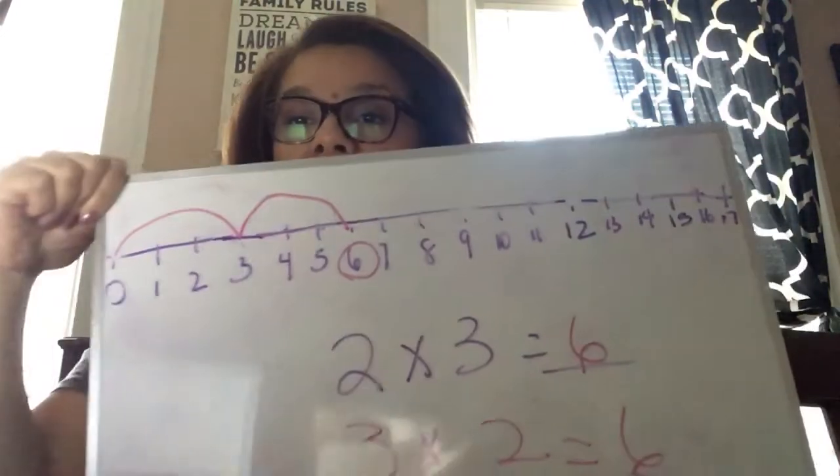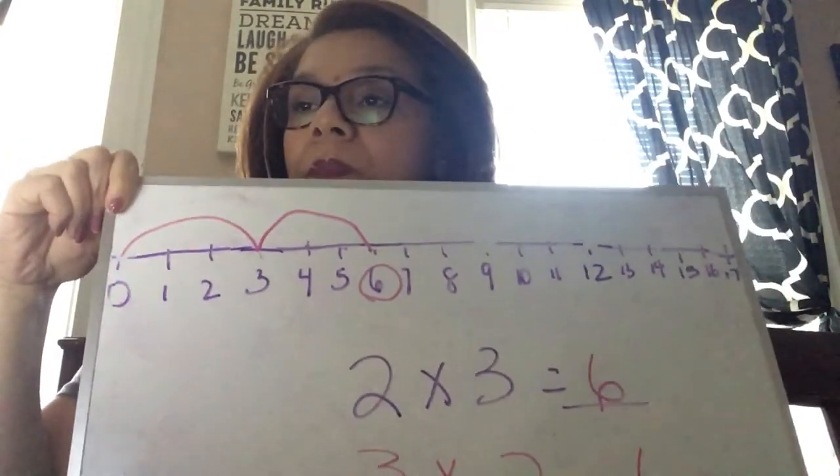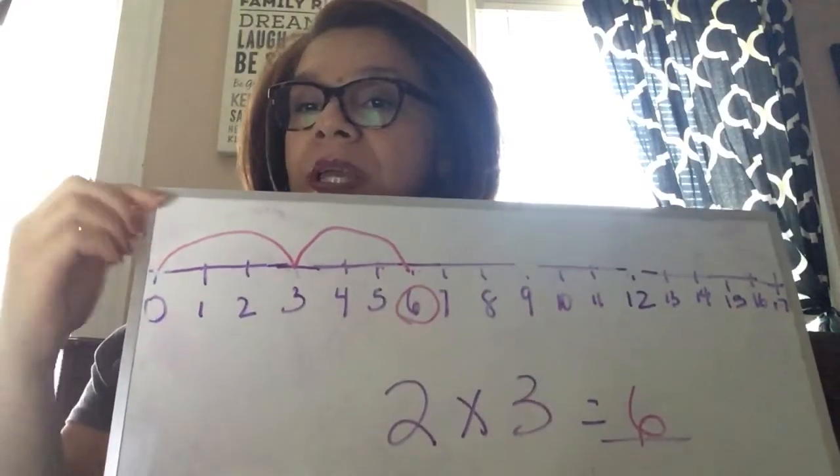Okay, page 97. So let's start from the top. Let's go to number 1. And it says skip count by threes and write the missing numbers. So why don't we go ahead and do that? We could use our number line if you like. Okay, so we start off at 3.